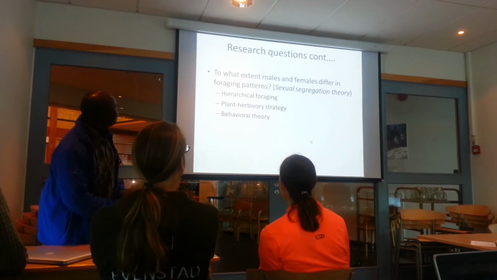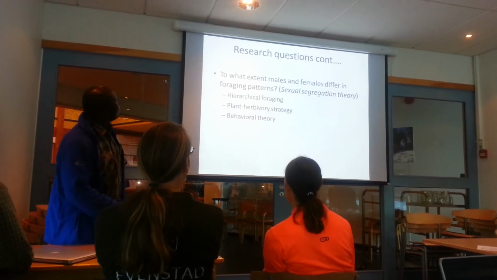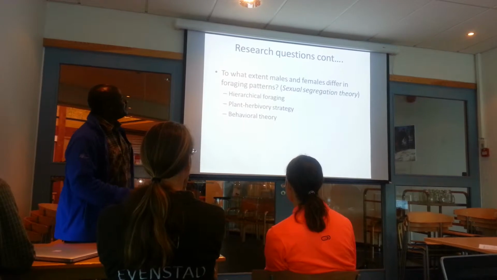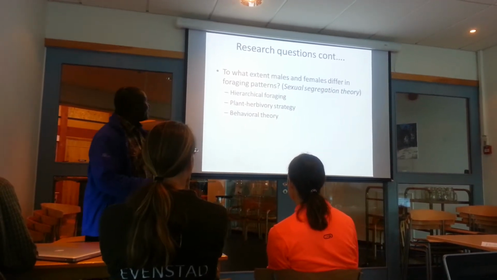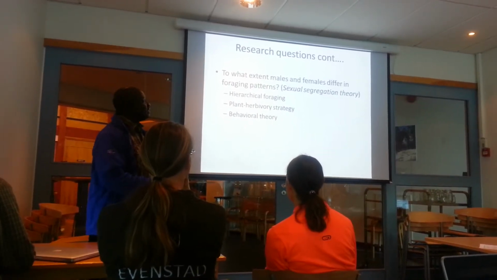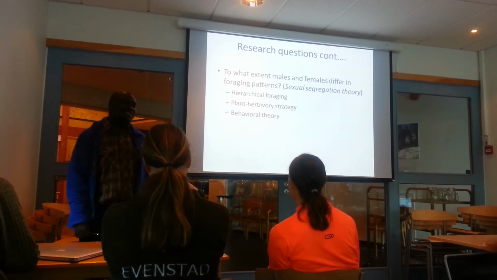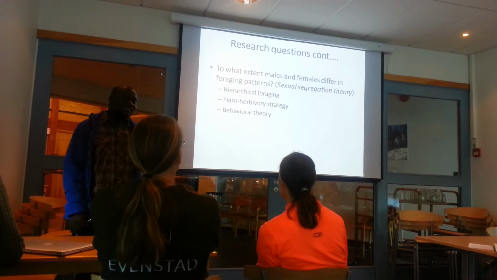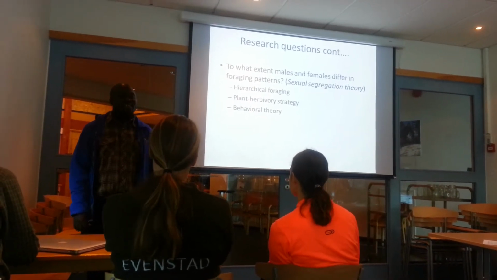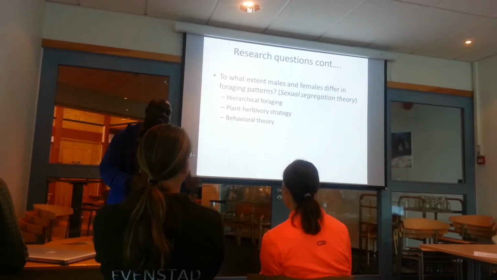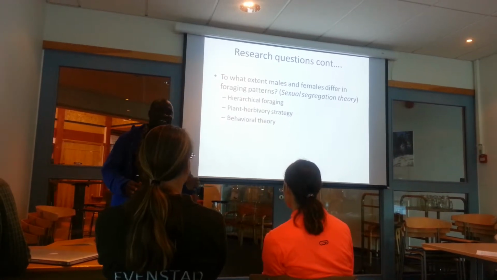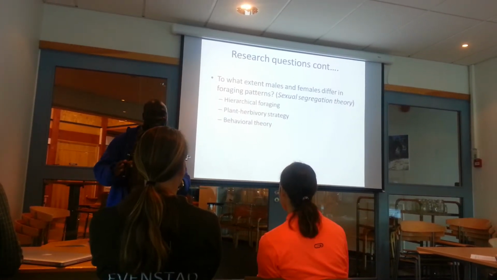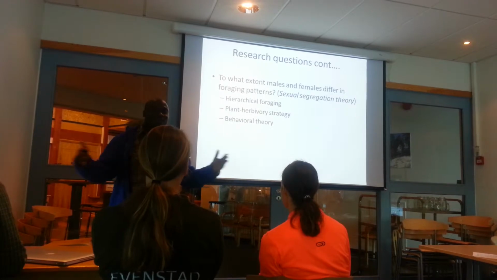The last one is to what extent males and females differ in foraging patterns, and this is the sexual segregation theory. Currently, we know that at some point, male and female will do these activities differently. They cannot synchronize, they cannot be together.